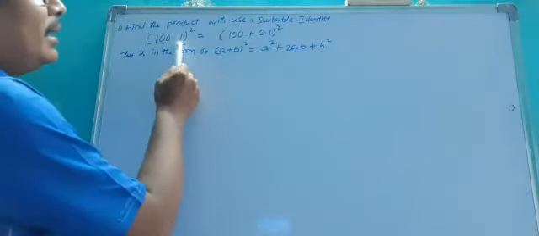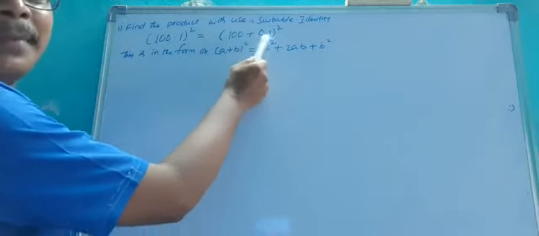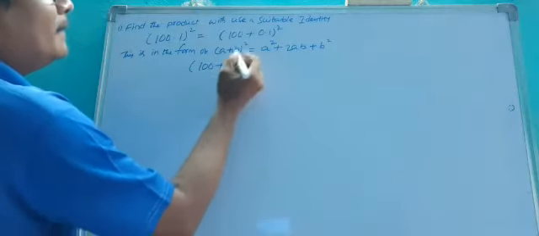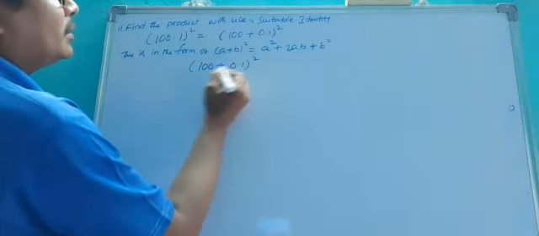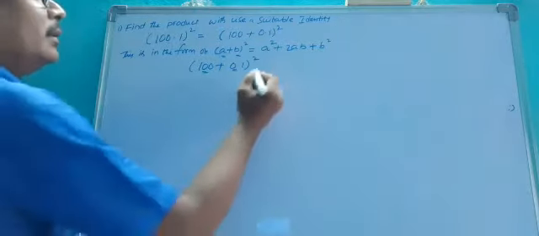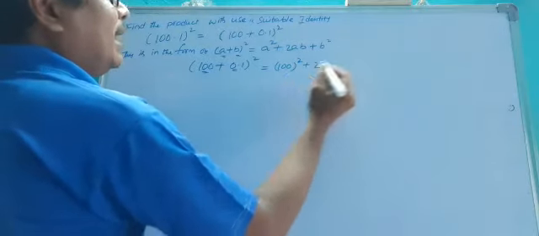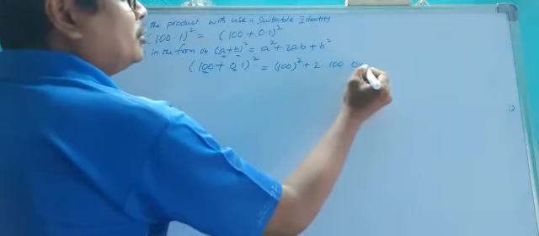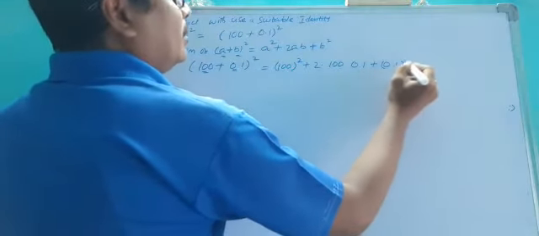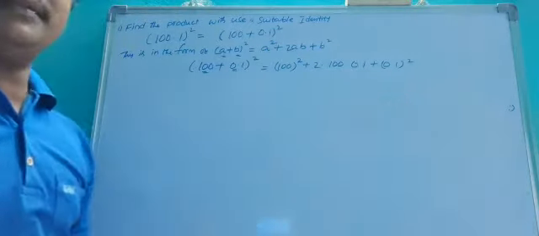Now this is in the form of (a + b) whole square, where a equal to 100, b equal to 0.1. So 100 square plus 2 into 100 into 0.1 plus 0.1 whole square, that is a square plus 2ab plus b square.